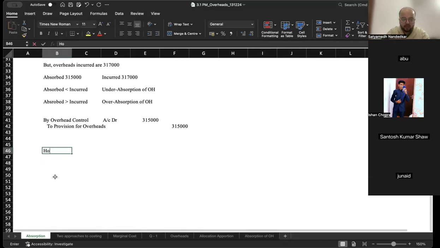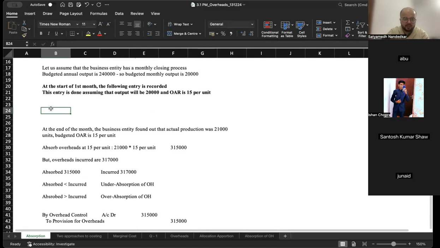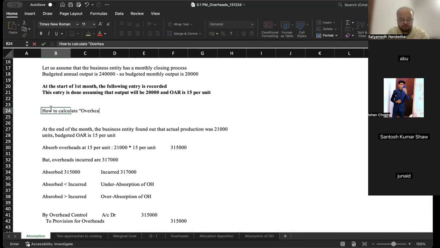And how to calculate overheads absorbed, let me write it here. How to calculate overheads absorbed. This is very simple.